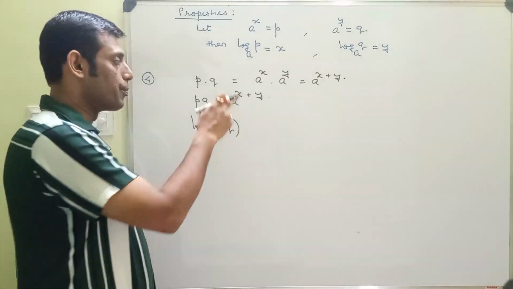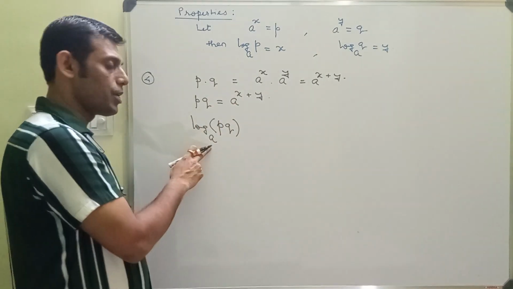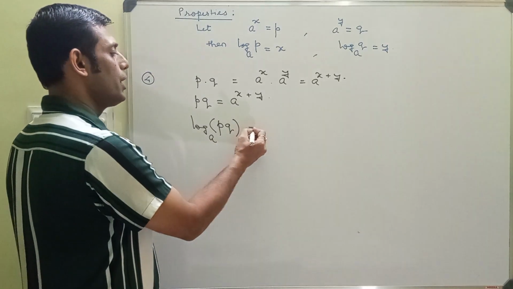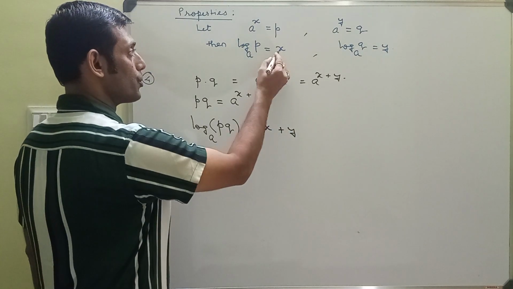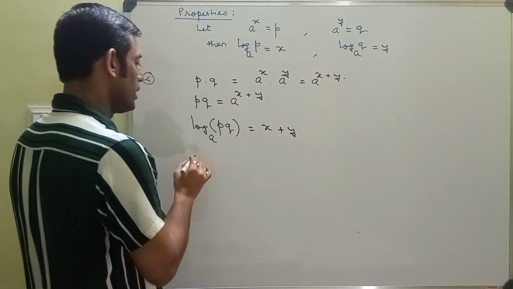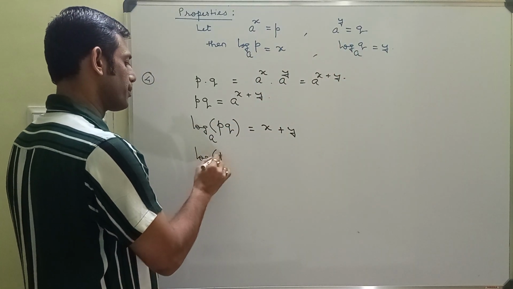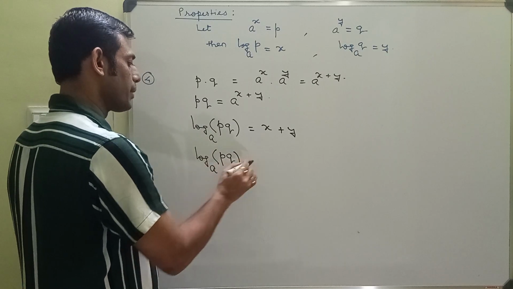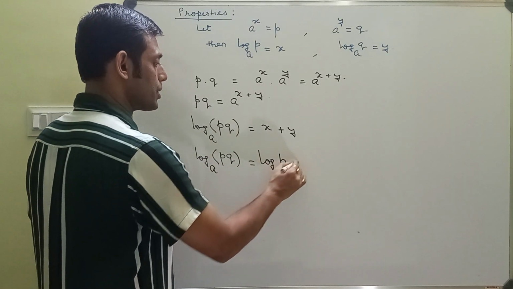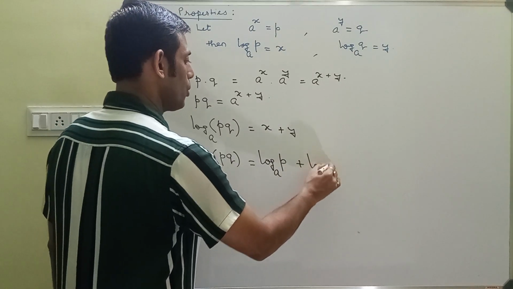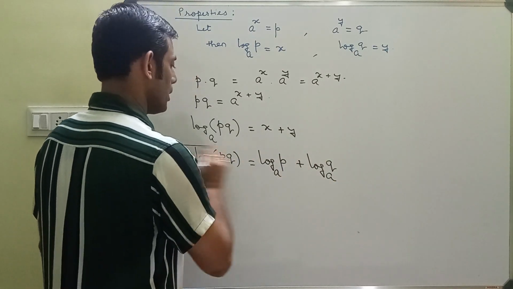I repeat, the base of the exponent is the base of the log, is equal to x plus y. This is your x, this is your y. That means log PQ base a is equal to log P base a plus log Q base a.